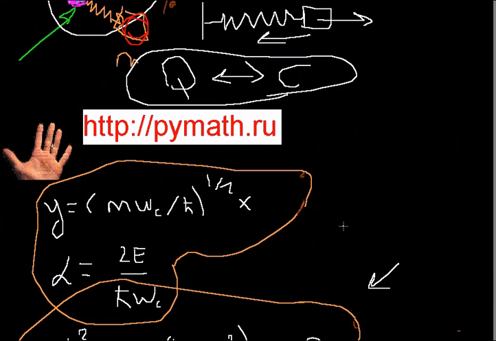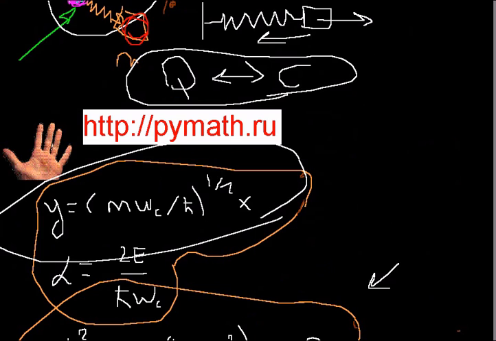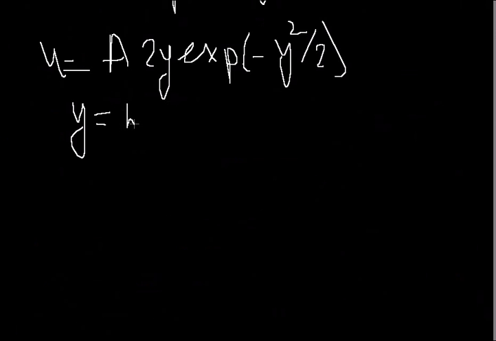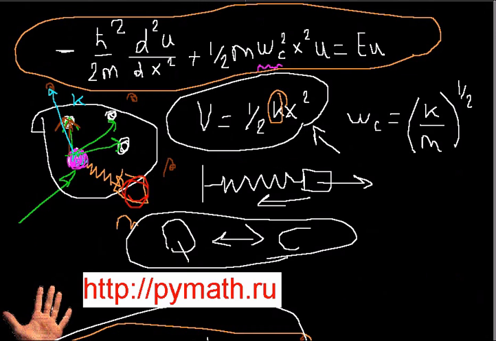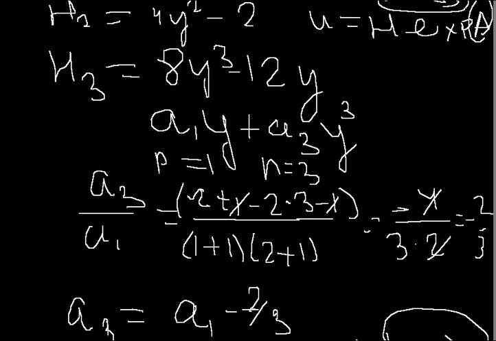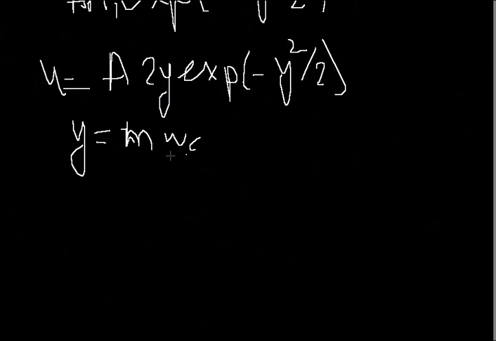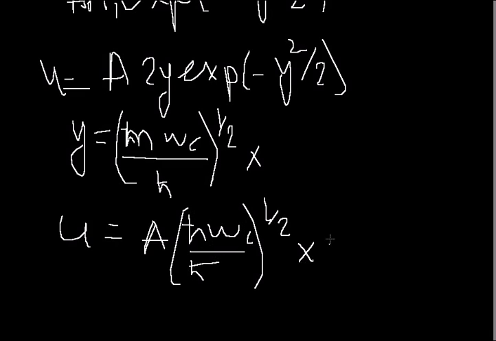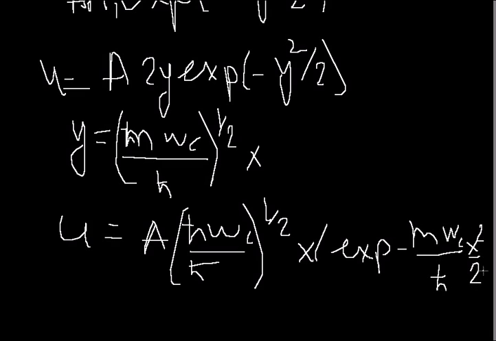This y equals square root of m omega c over Planck constant times x, and the form of this function takes the following form: exponents minus m omega c x squared divided by 2 Planck constant.